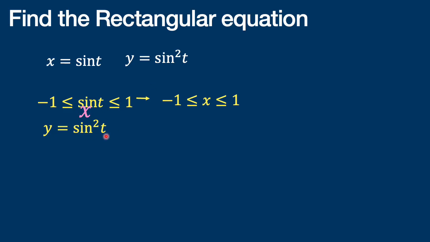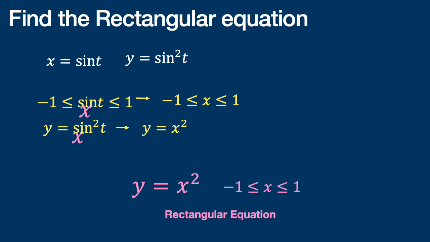What is sine t? That's x. So y equals x squared. That's what we call the rectangular equation, with x only having values between -1 and 1. This is the parametric equation.